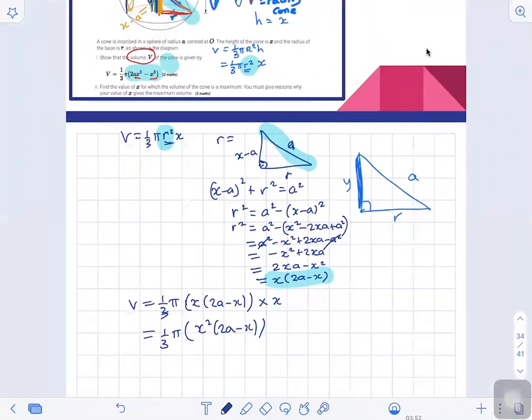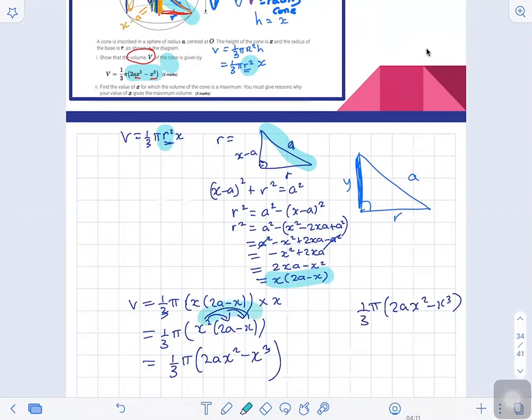Now our prize is 1/3 pi (2a x squared minus x cubed). So if I expand that section there, you get 1/3 pi (2ax squared minus x cubed). Okay, so that's as required.